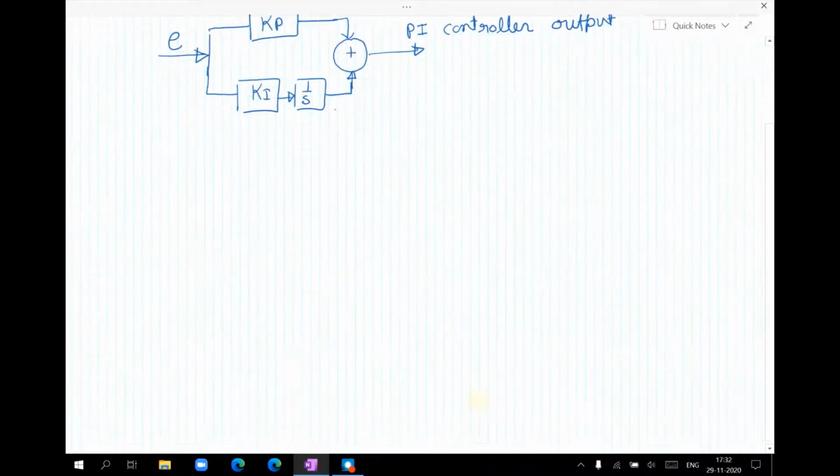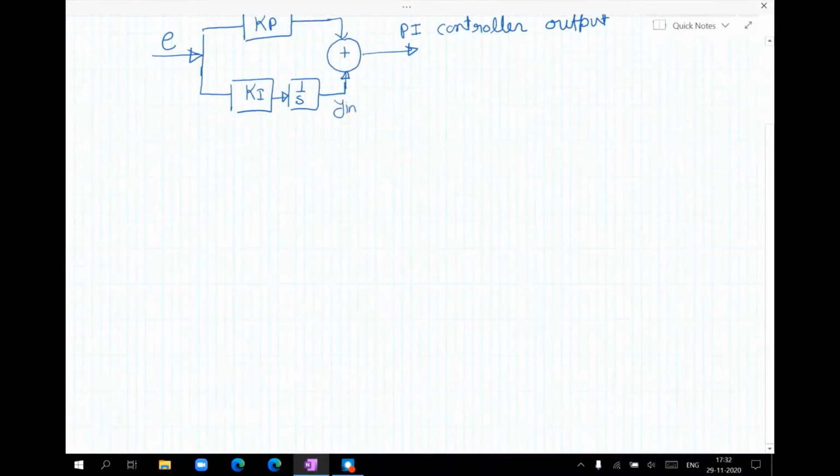Let us consider the output of the integral part is y int. So we can write y int is equal to ki integral of e dt plus its initial condition.